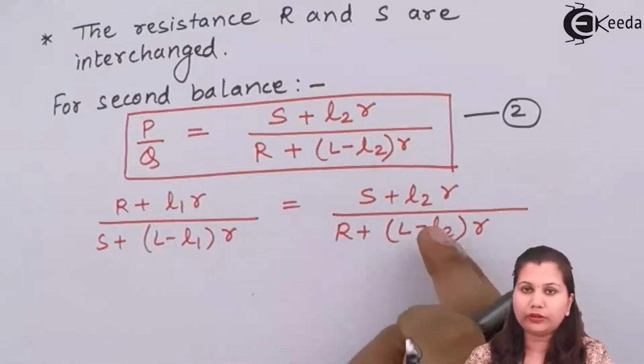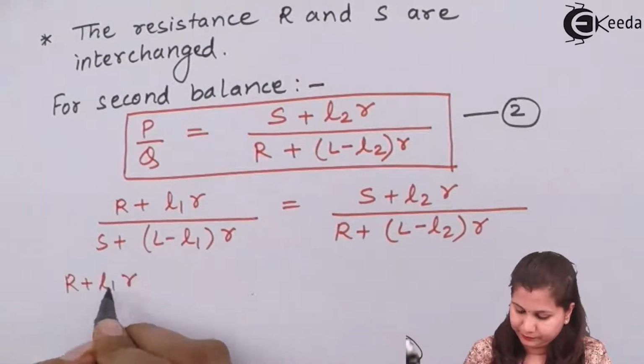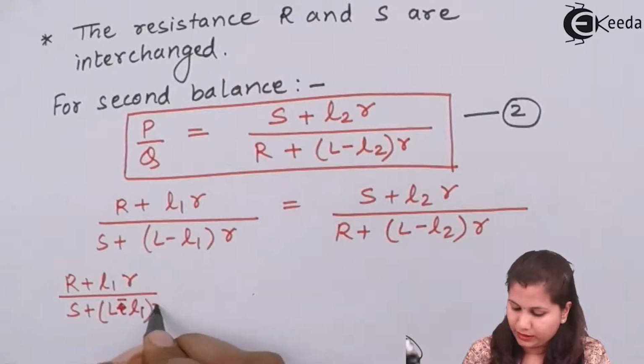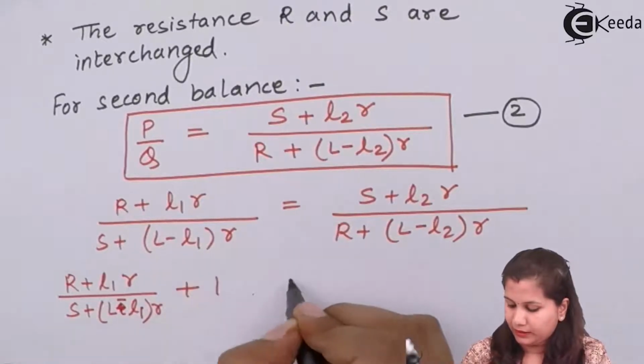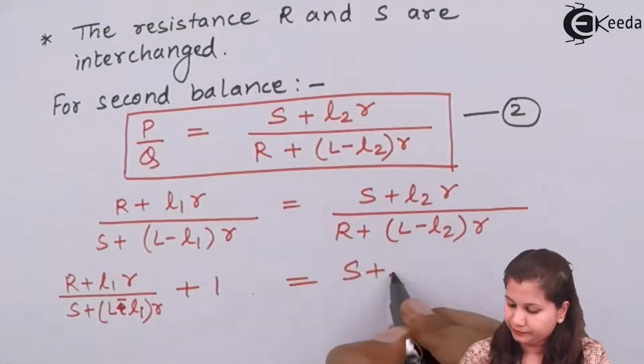Now adding 1 to both the sides. Sorry, this is minus L1R plus 1. And here on the right hand side also we are adding 1.